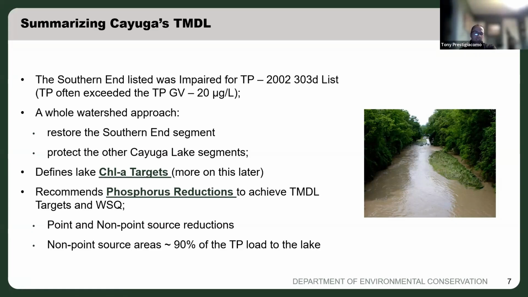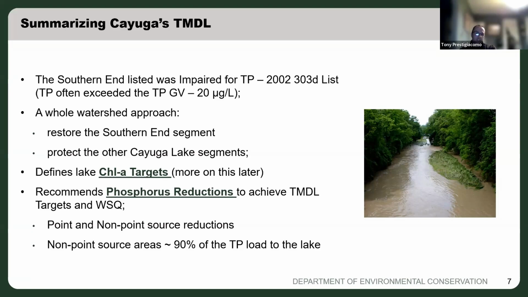So to be protective of the other lake segments and to restore the southern end, we took a whole watershed approach, which means the entirety of Cayuga's watershed is covered under the TMDL. Any projects that folks want to do inside or outside of the impaired southern end segment, as long as it's in the Cayuga Lake watershed, will benefit from having a TMDL complete, like priority scoring for various state grant programs.